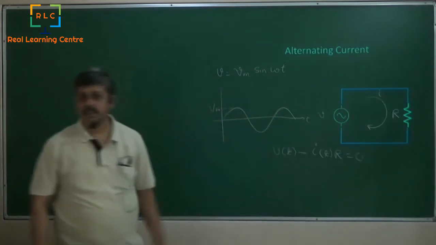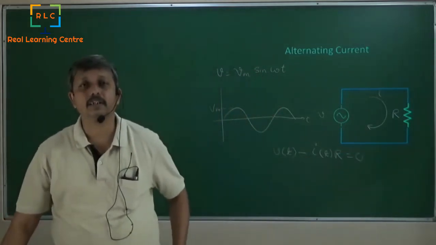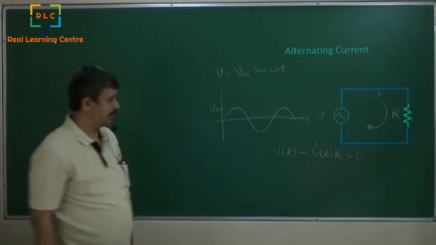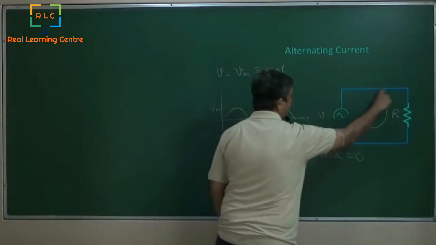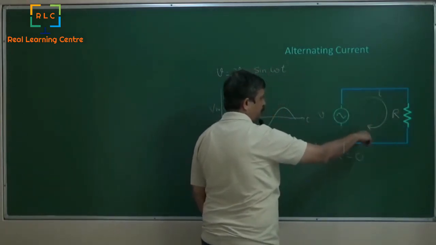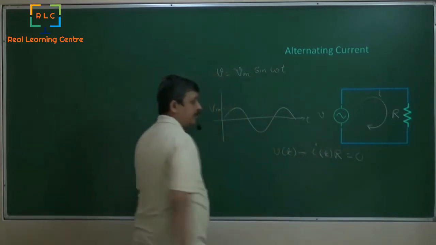This is our straightforward Kirchhoff's voltage law. So this is the current and the voltage, and when you are going in the same direction as the loop current, you take it as minus.